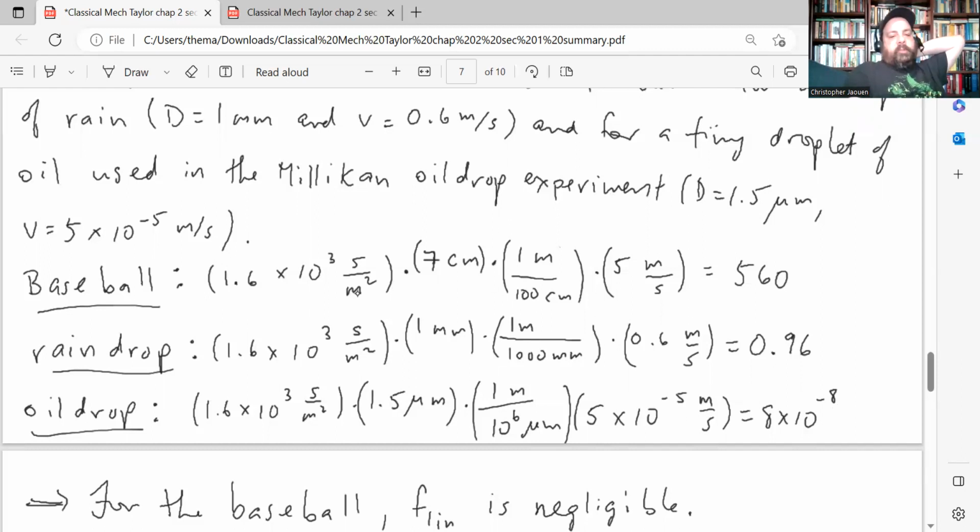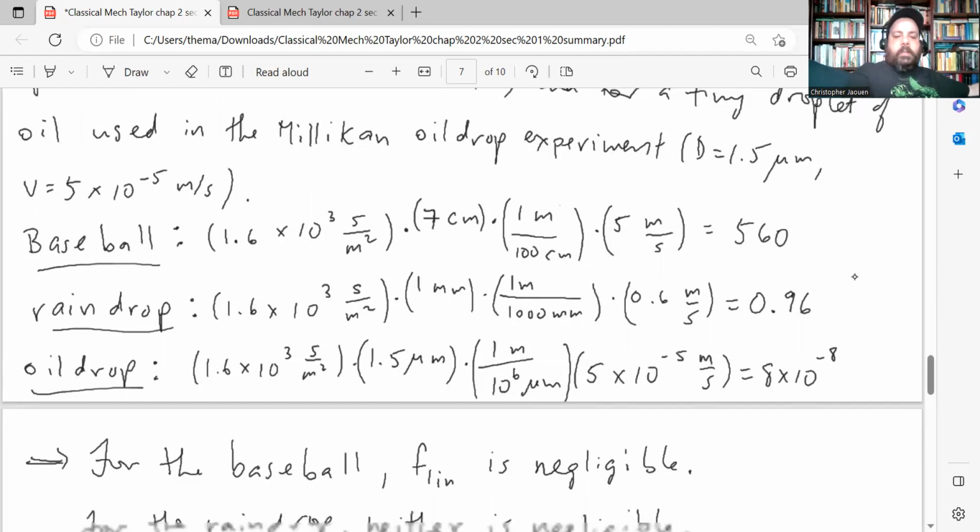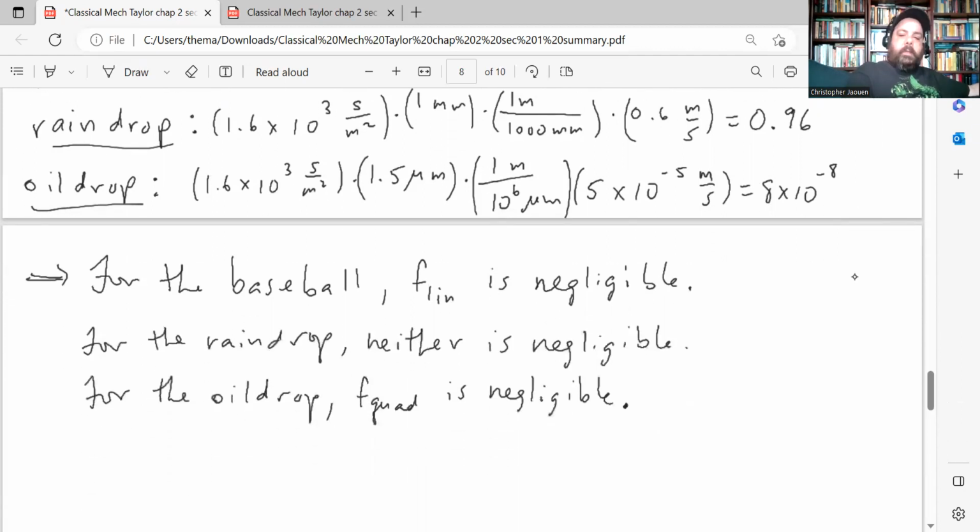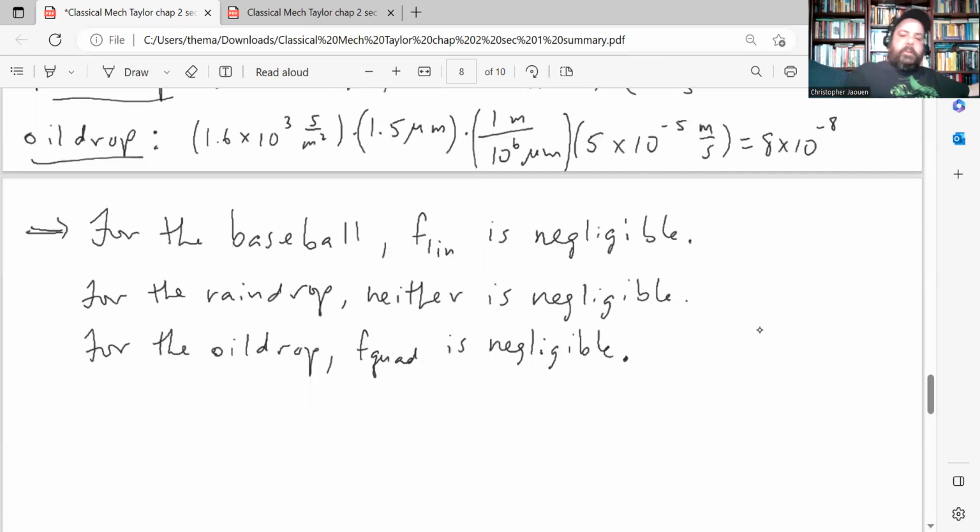Now, notice for macroscopic objects like the baseball, the thing that makes a difference is the quadratic drag, which makes the models more complicated to solve, unfortunately. And here I'm just saying that for the baseball, the linear term is negligible. For the raindrop, neither is negligible, and for the oil drop, the quadratic drag is negligible.